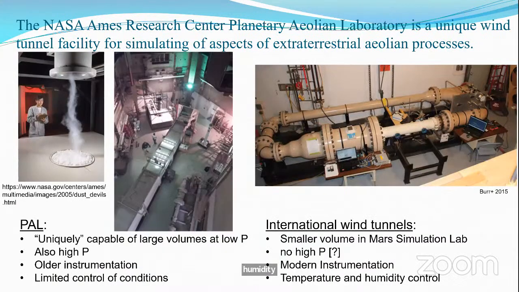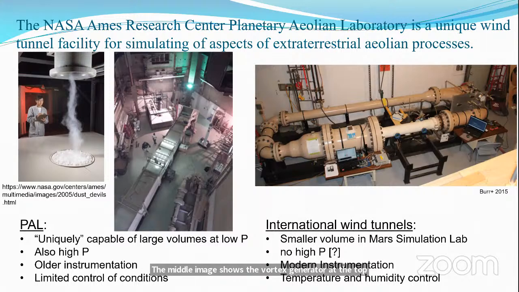Back on this side of the pond, out in California, the NASA Ames Planetary Aeolian Laboratory is a unique wind tunnel facility for simulating extraterrestrial aeolian processes. On the far left, that image is of the vortex generator in the Planetary Aeolian Lab. The middle image shows the vortex generator at the top of the photograph.